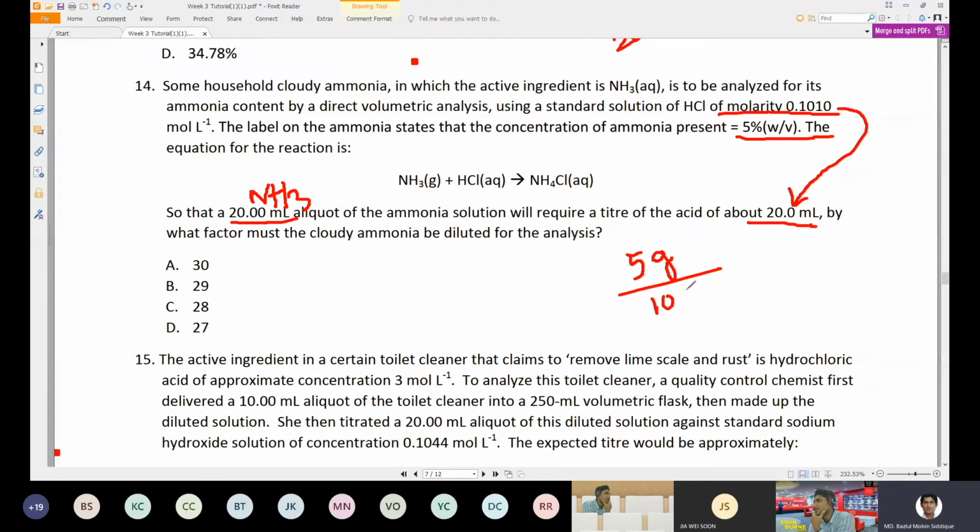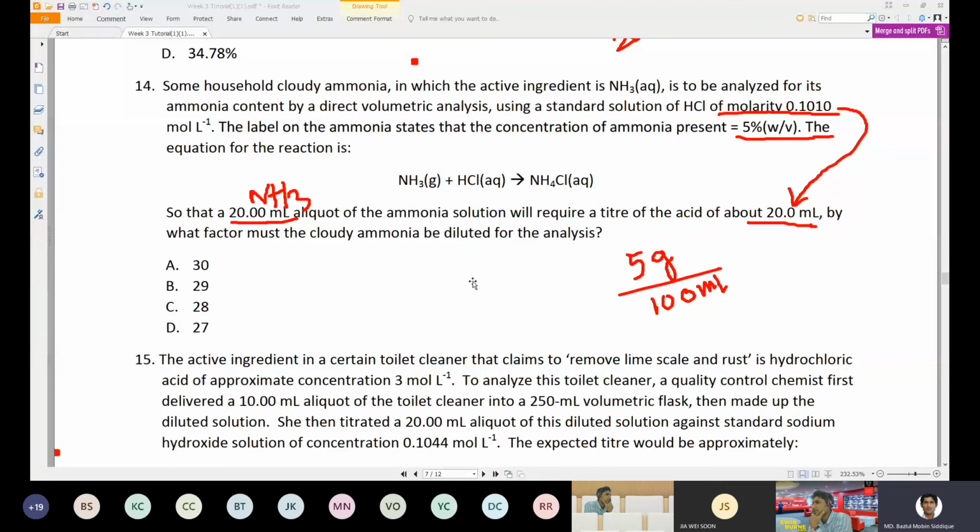This is the weight by volume percentage, or 5 kg in 100 liters. So the mass of ammonia in the 5% solution is 5 gram in 100 milliliter of this solution.